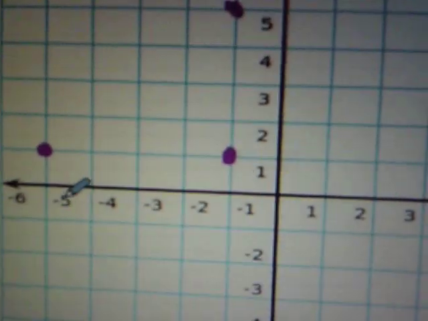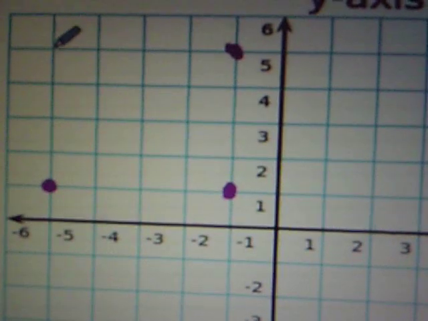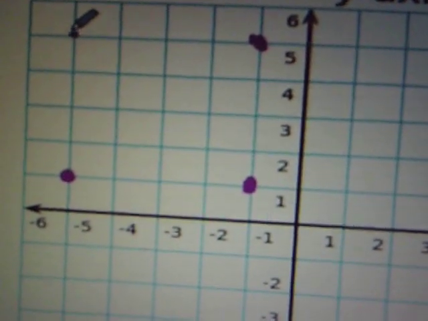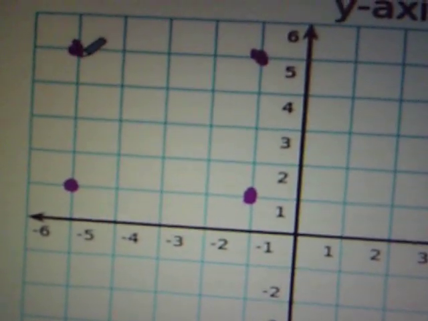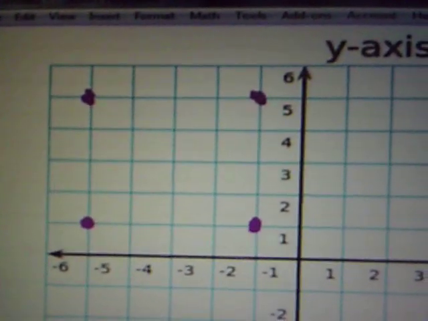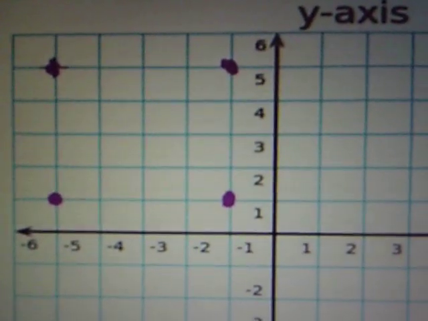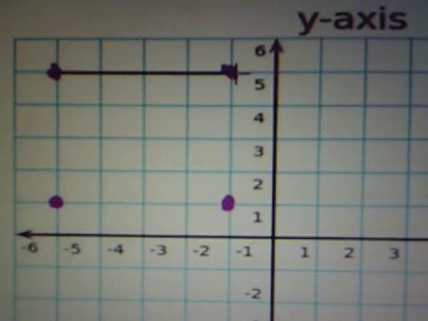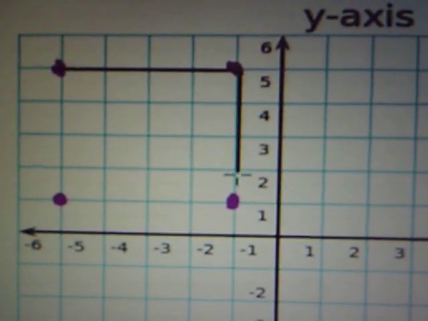So we go back 5, up 5, and there we have our shape. And if you connect the dots, you'll see that we have a nice 4-sided shape.